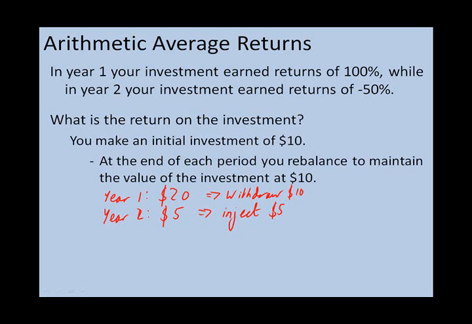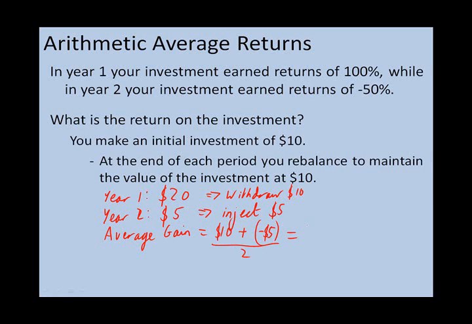What's the average gain over the 2 years? Our average gain is going to be equal to, in the first year we made $10. We took $10 out because we'd made lots of money. So we've made $10. But the second year we lost 5 because we had to inject $5. So it's 10 plus minus 5. And there were 2 years, so we divide by 2 to calculate the average.